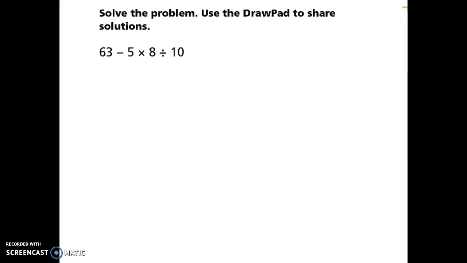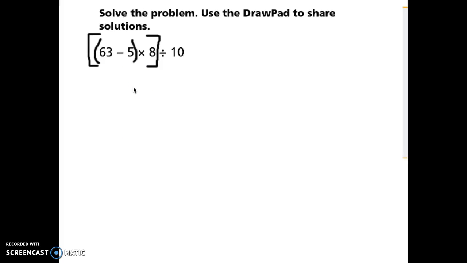So now I would like you to work to solve first this problem, 63 minus 5 times 8 divided by 10. And this is order of operations without any parentheses or brackets. And then for the second step of your exit ticket, I want you to solve this problem instead, which includes parentheses and brackets.